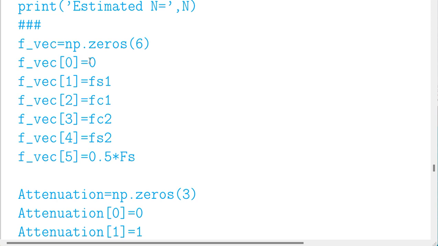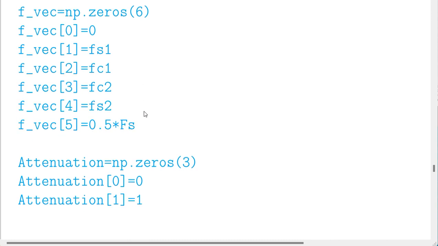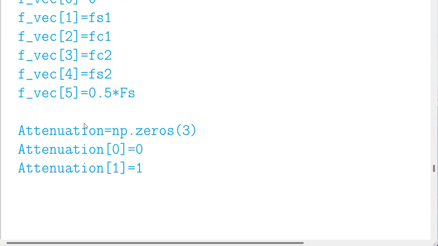Now, you see here, the frequency vector contains 6 parameters: 0, fs1, fc1, fc2, fs2, and the last one, half fs. Okay? What about the attenuation vector?